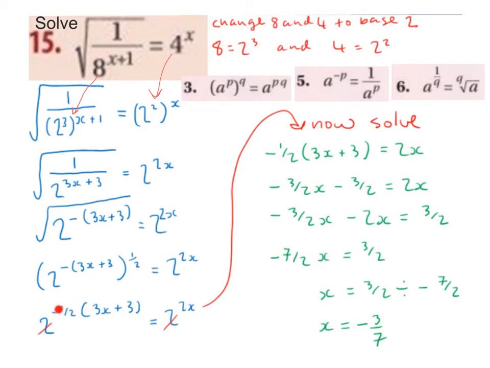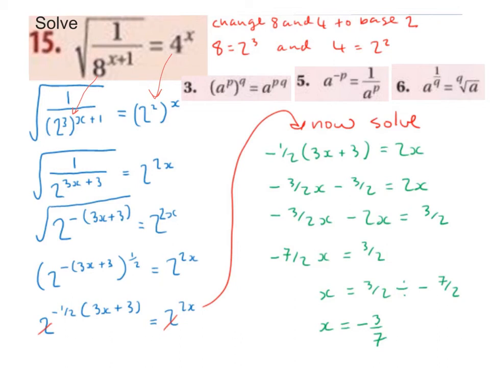So it becomes minus a half multiplied by 3x plus 3. I'm not actually going to multiply it out just yet. And I'm going to have 2 to the power of minus a half multiplied by 3x plus 3 equals 2 to the power of 2x.